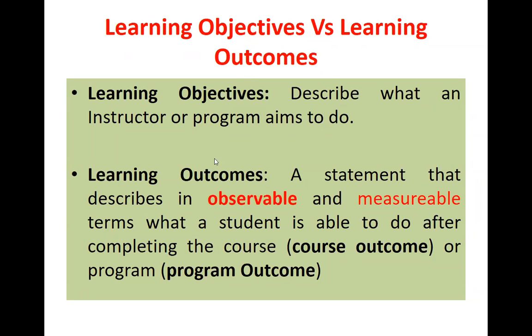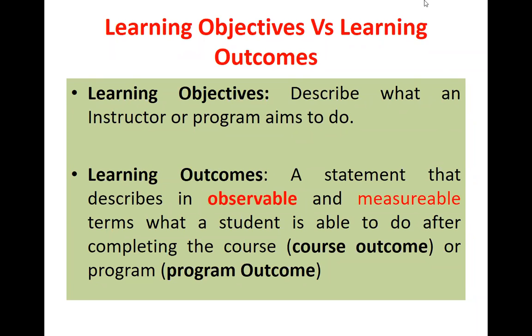Learning outcomes or the course outcomes. Learning outcomes is another name for course outcome. So learning outcomes is a statement that describes in observable and measurable terms what a student is able to do after completing the course, or if it is a program outcome, completing the program.